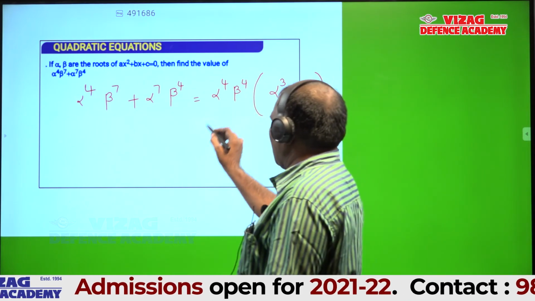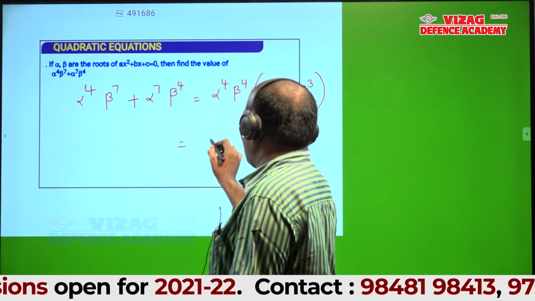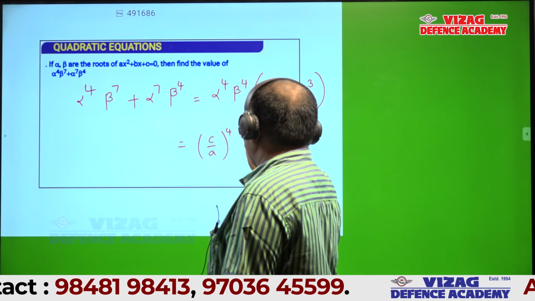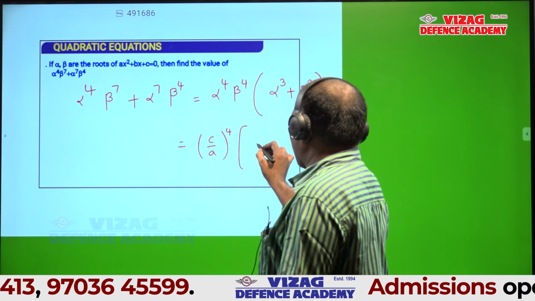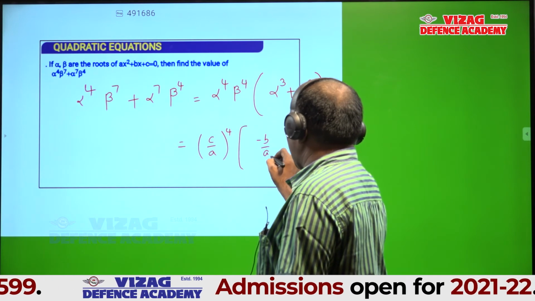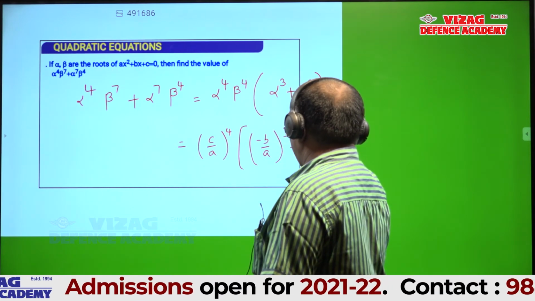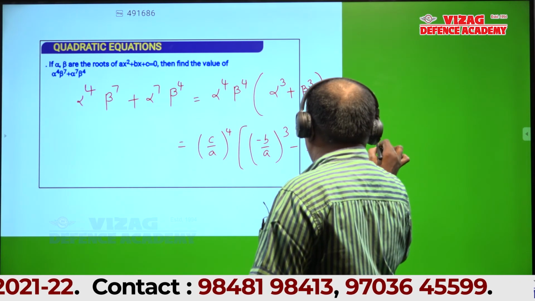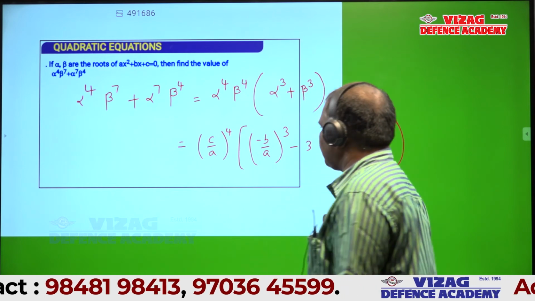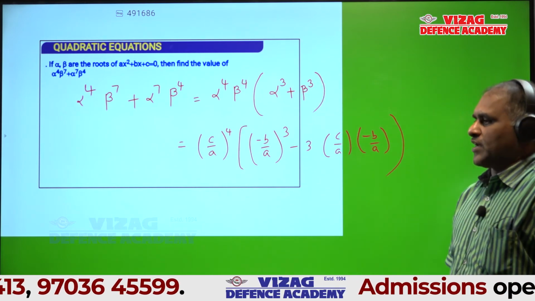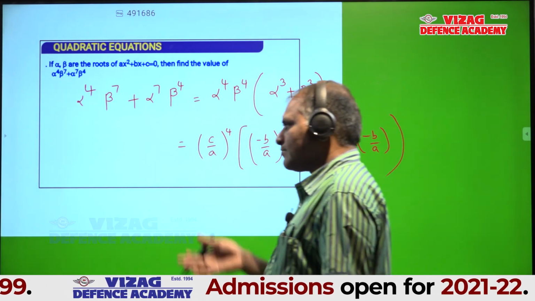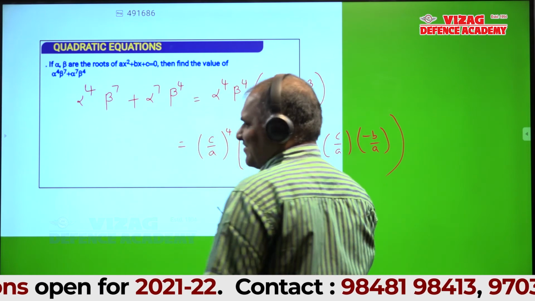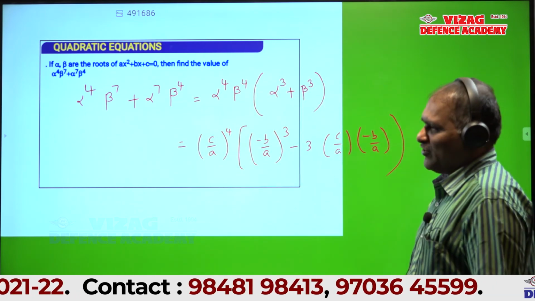Here alpha beta whole power 4 is c by a whole power 4, into minus b by a whole cube minus 3 into c by a into minus b by a. You can simplify. Completed? Okay, do it, no problem.